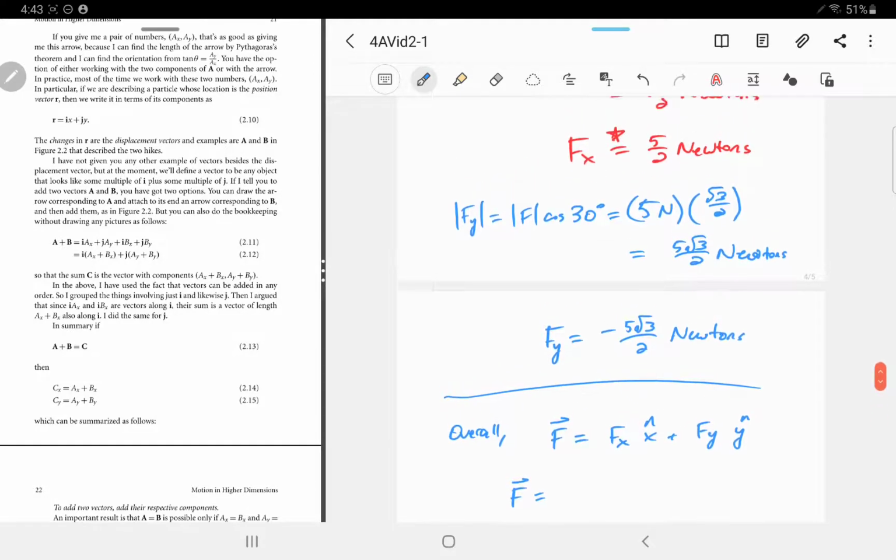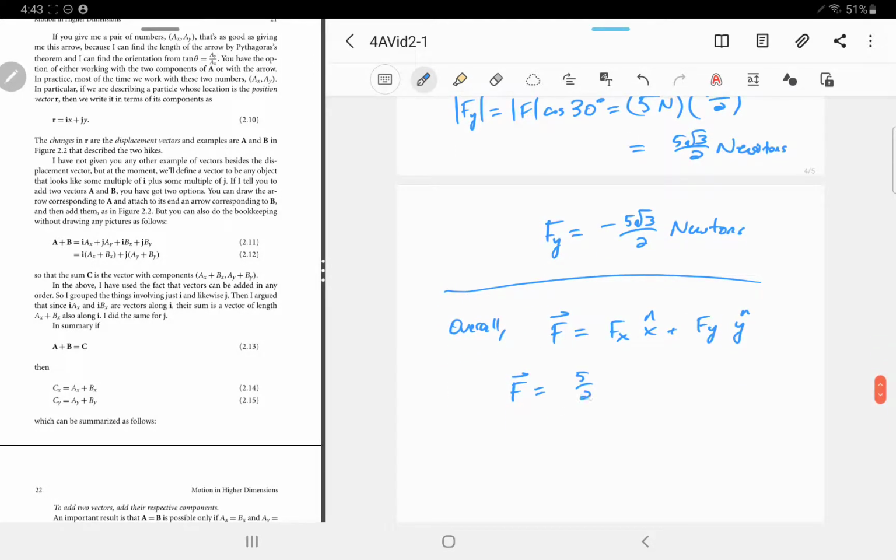So F looks like it's 5/2 newtons in the x hat direction plus, and you just want to multiply by a minus sign once for Fy, so let's stick the minus sign in with the number right here. The N means newtons, by the way. So Fx is positive and Fy is negative. And we also figured out the magnitudes of those two things.